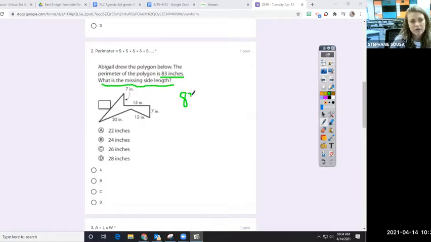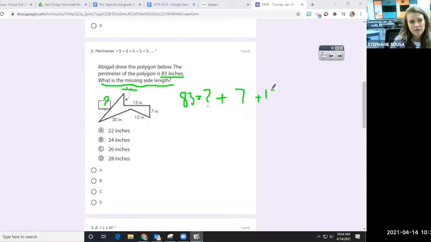So 83 inches is equal to question mark plus 7 plus 15 plus 7 plus 12 plus 20. That's a lot of addition, Miss Sousa. You're right, kids. You can do it.